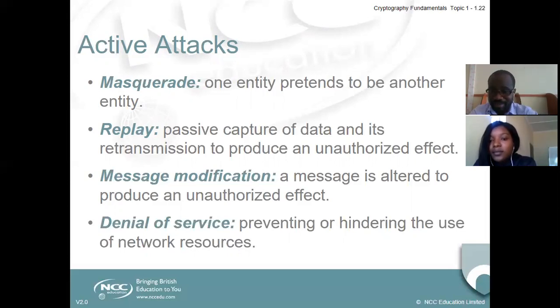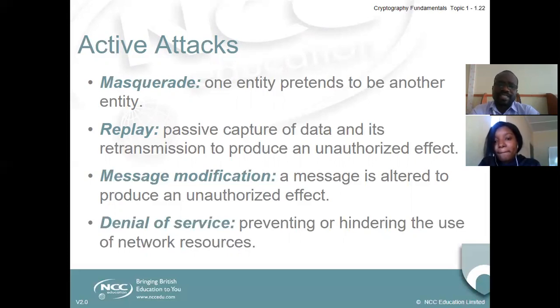It is very common in network attacks. One entity pretends to be another entity. That's masquerading. Me, I pretend to be you.